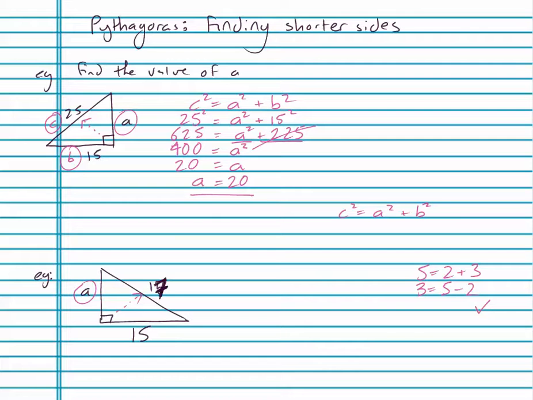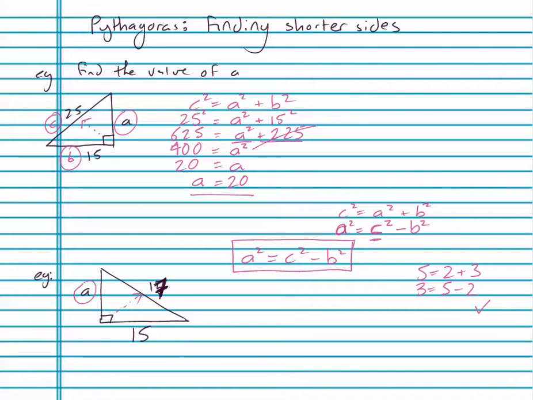So the two short sides added together make the long side, but if I wanted to find the two short sides squared added together make the long side squared. If I wanted to have the short side squared as the subject, it would have to be found by doing c squared minus b squared. Always put our c squared first. I'm taking the short side squared away from the long side squared. So the formula a squared equals c squared minus b squared is still Pythagoras, but it's for finding shorter sides.